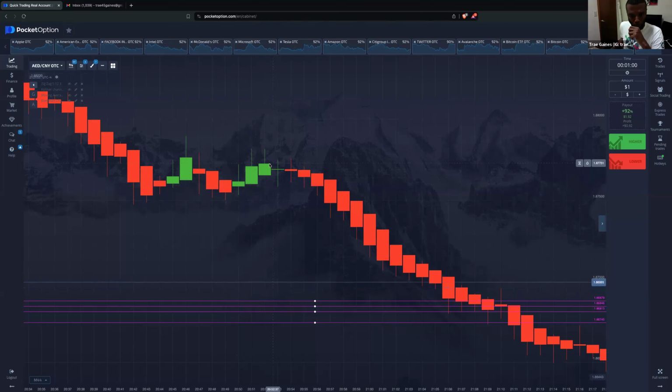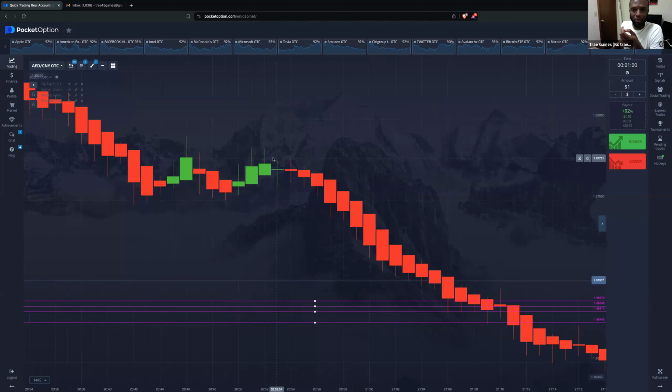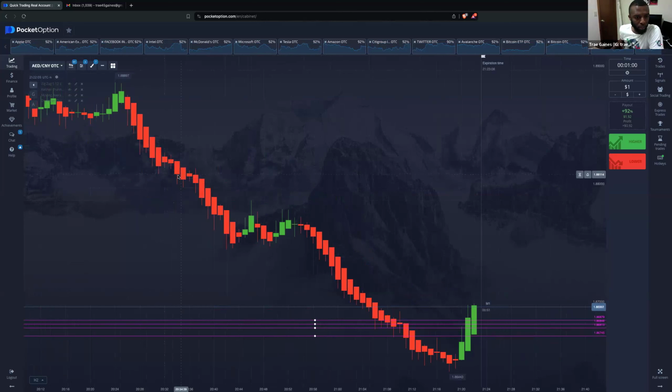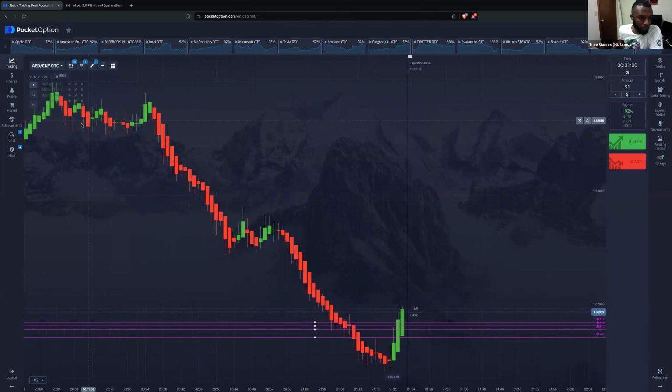This master candle setup is perfect when it's in the center of it. I like to have this one more so than this type, but it's still a master candle setup. So we got a master candle setup right here, and right there.